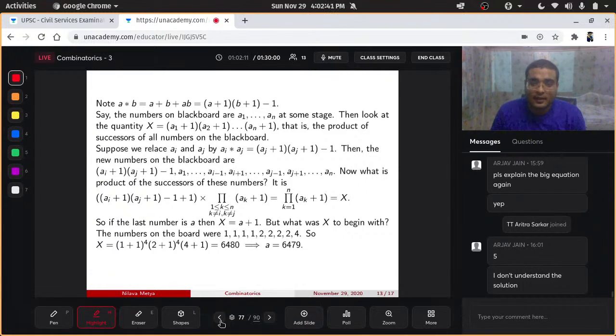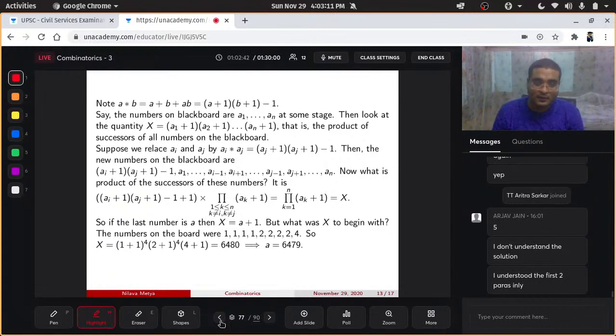So I'm saying that look at the quantity. If you have numbers written on the blackboard, look at the product of successors. At every step, the product of successors of the numbers currently on the blackboard never changes. Whatever it was initially, it should be the same at the end.